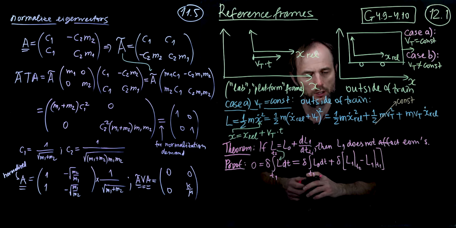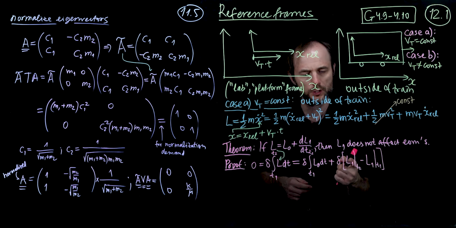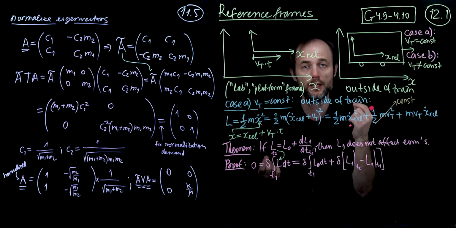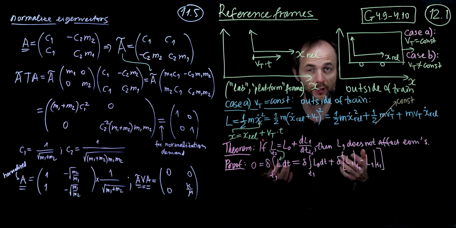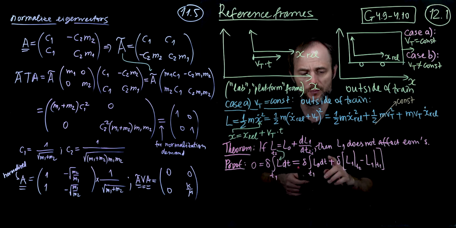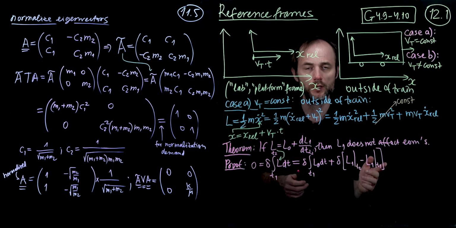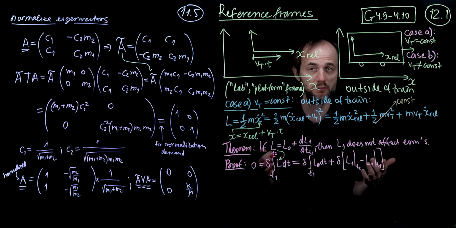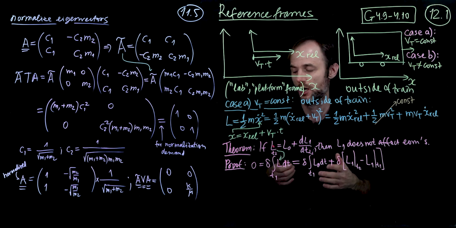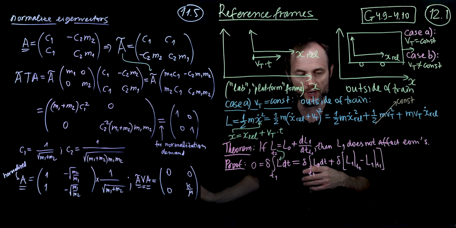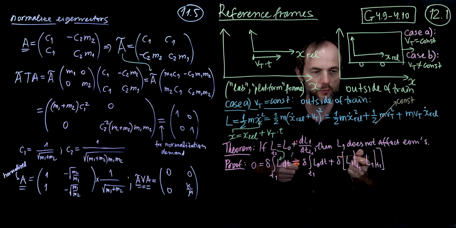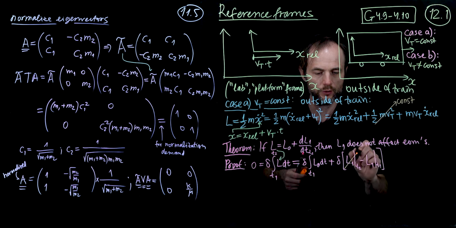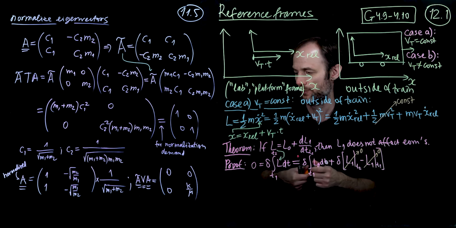And because our starting and the ending points of our trajectory are fixed during the variation, remember that, right? Then it means that L1 at T2 and L1 at T1 will not vary. It will stay exactly the same. And therefore, the variation of them will vanish. So that means that variation of this term goes to 0, and so does the variation of that other term.